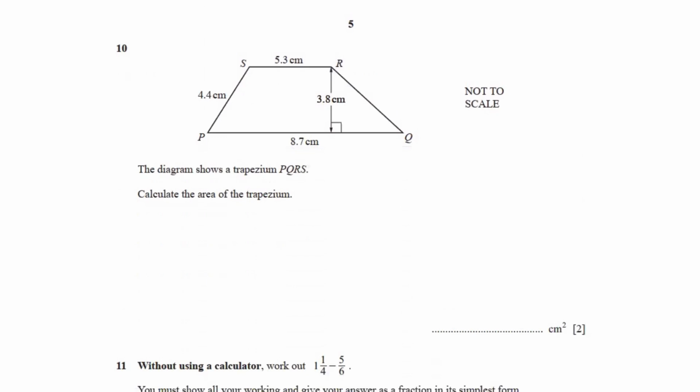Question 10 says a diagram shows a trapezium PQRS. Calculate the area of the trapezium. For the area of the trapezium, we use the formula 1 over 2 times height times the sum of parallel sides.